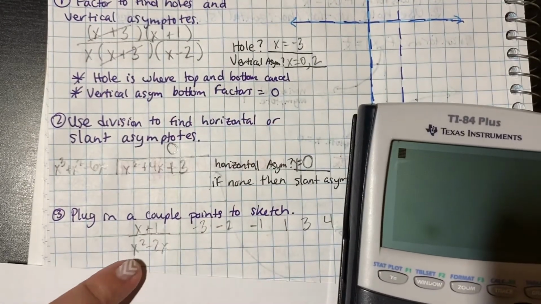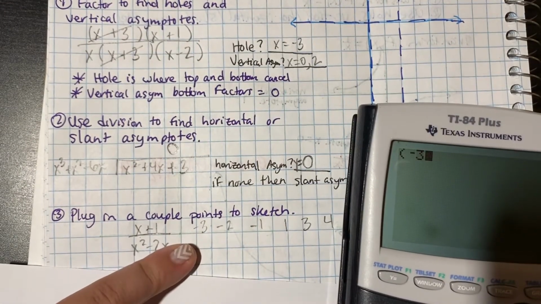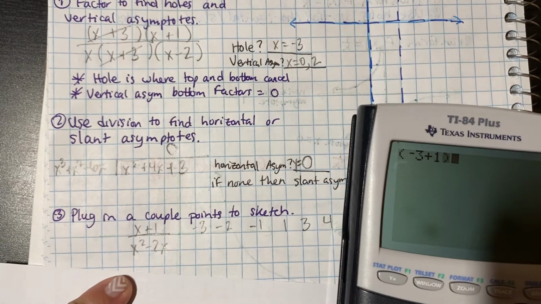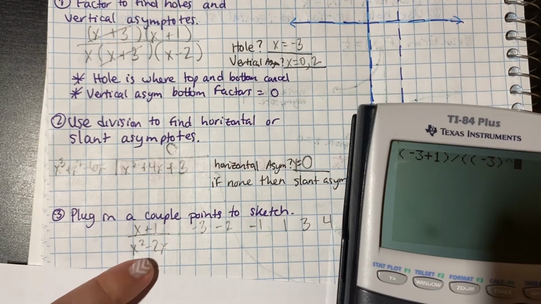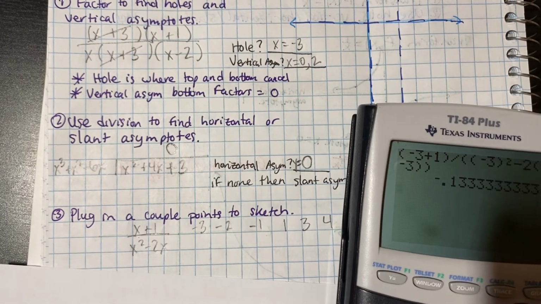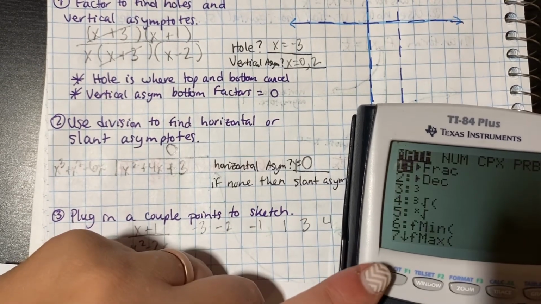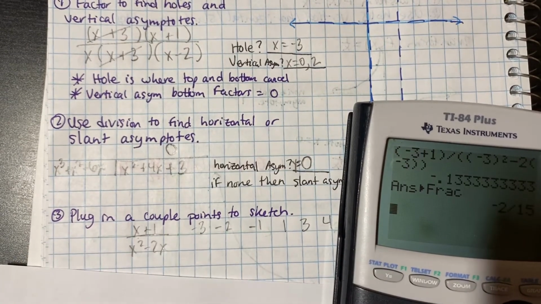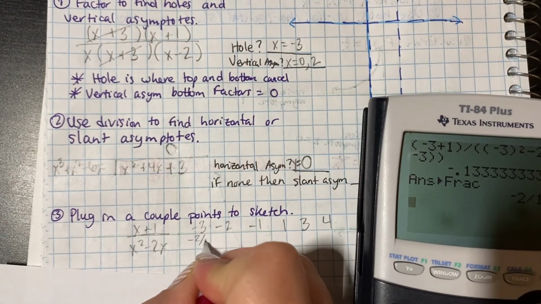Okay, so we have x plus 1 divided by x squared minus 2x. Turn that to a fraction for us, it's -2/15.